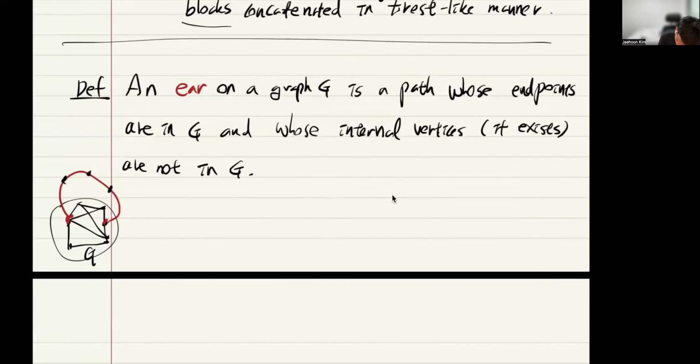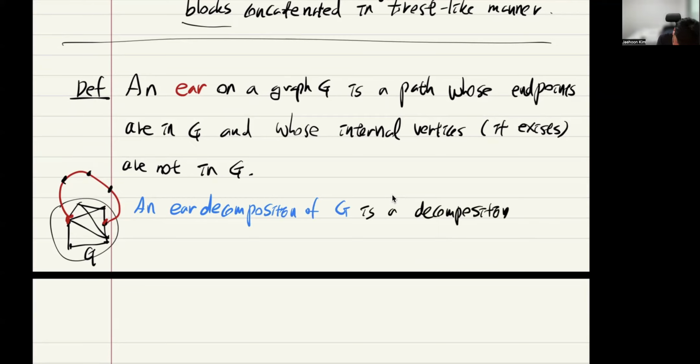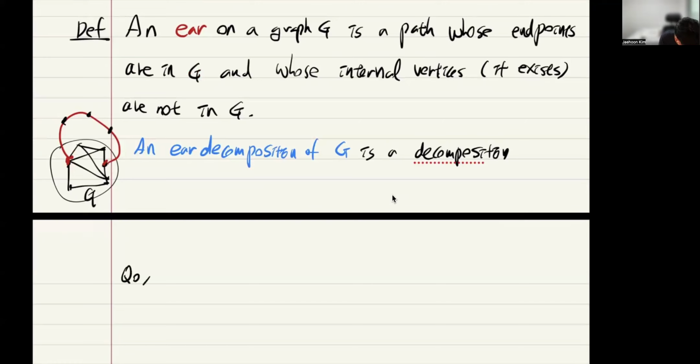And we define an ear decomposition of G is a decomposition Q0, Q1, to Qk.